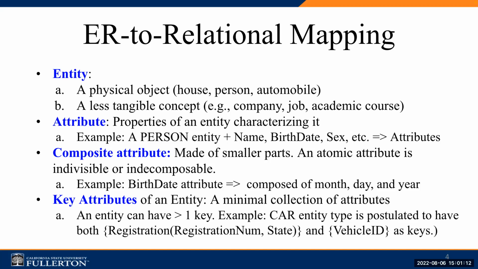Now, an entity can have more than one key. For example, if you're talking about a car entity, it can have a registration number and state, which can uniquely identify each car, or you can do the same with the vehicle ID. Hence, we can use both of these as the keys.